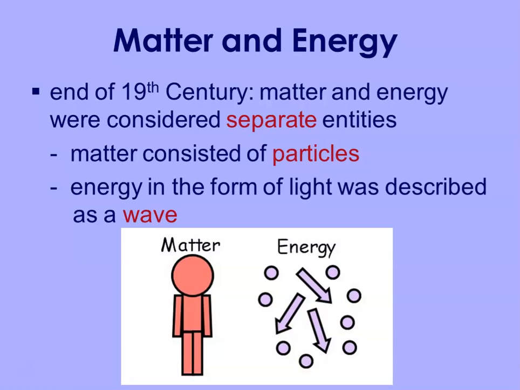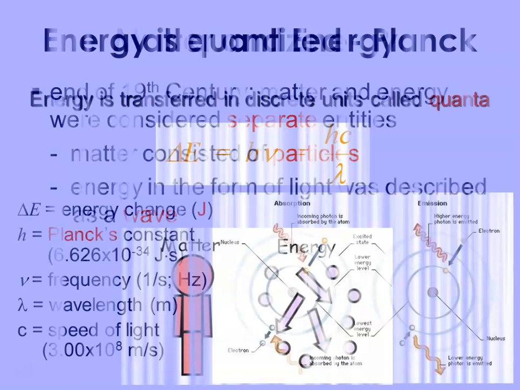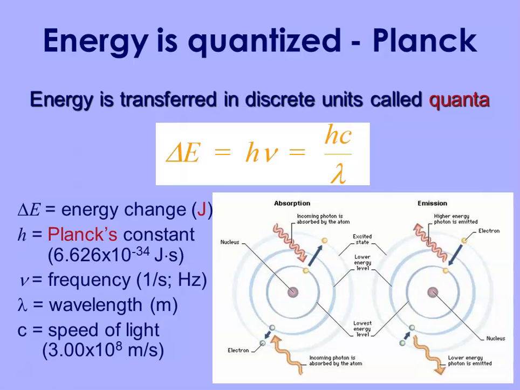So at the end of the 19th century, matter and energy were considered to be separate entities. Matter was particles, and energy was in the form of waves, and they were totally separate from one another. And so various scientists came along that helped to blur that relationship between mass and energy.